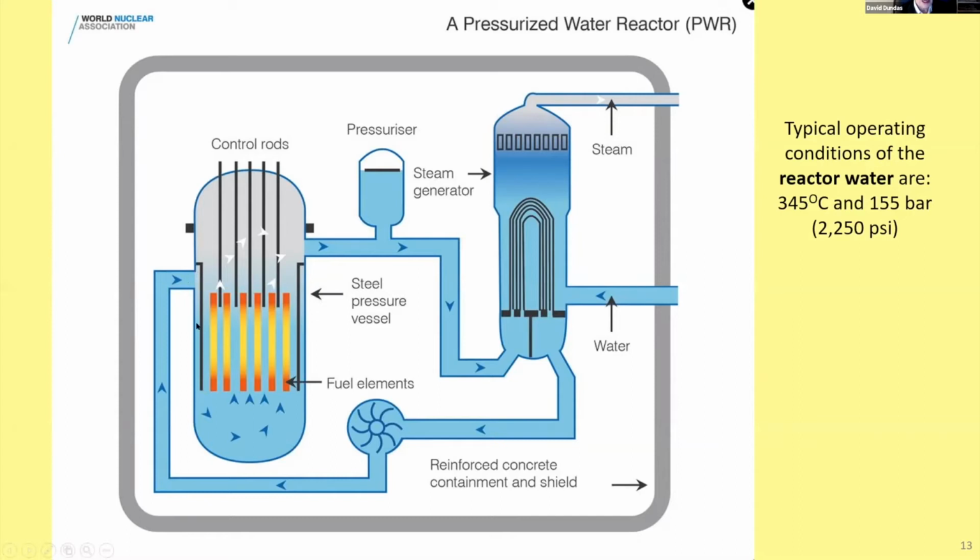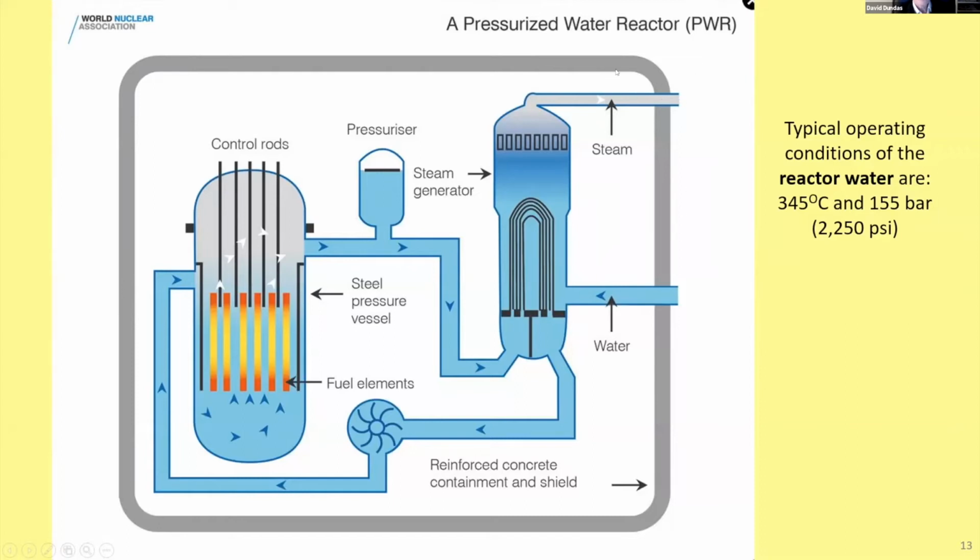It then flows down the side here, up through the gaps between the fuel elements, which you'll see in a minute. It comes out and it goes round and it goes through the heat exchanger, which is the steam generator, which takes in water here, and the water is boiled and off goes the steam to run the generators.